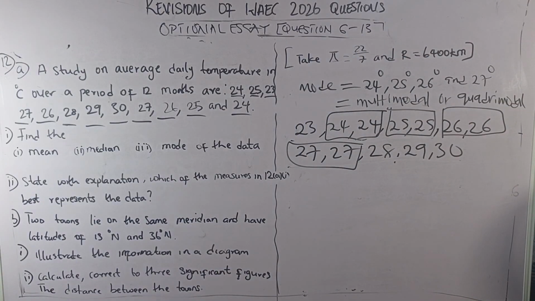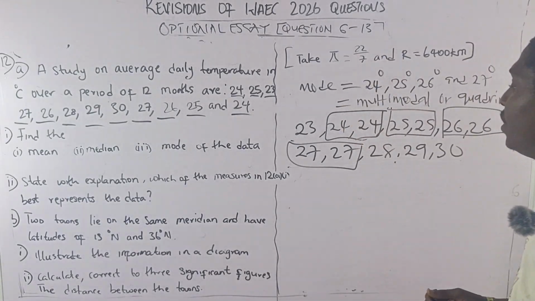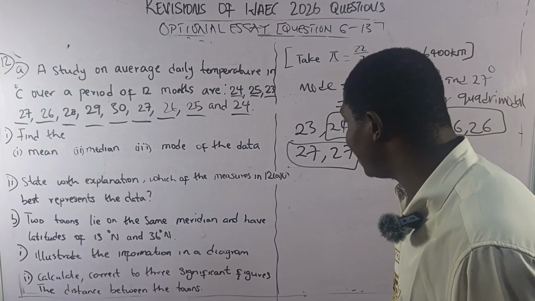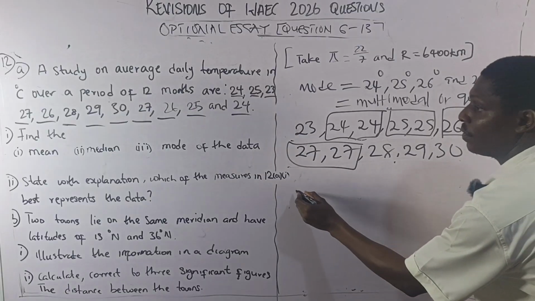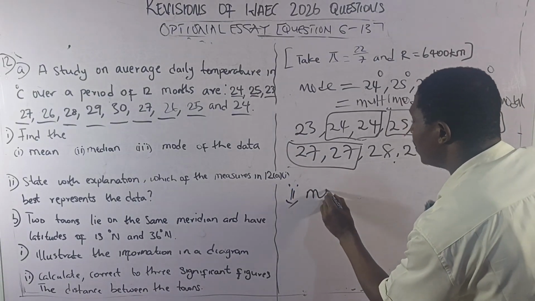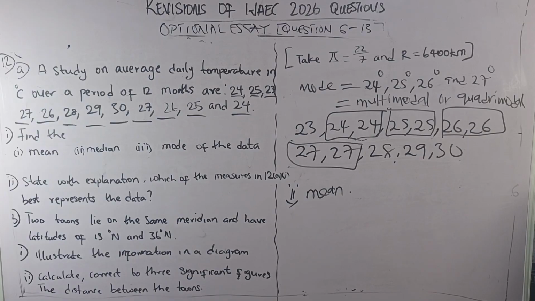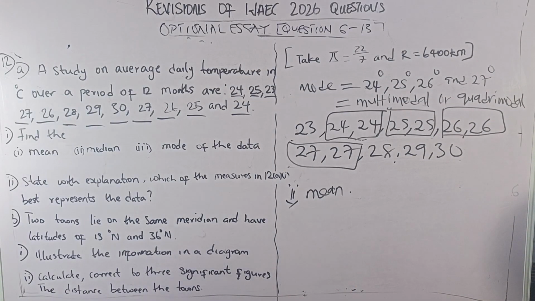Now, ii says, state with explanation which of the measures in 12ai best represents the data. To me, the best that represents the data, which is generally accepted, is the mean. And why is it the mean? It is the mean because the mean takes all the temperatures into consideration.